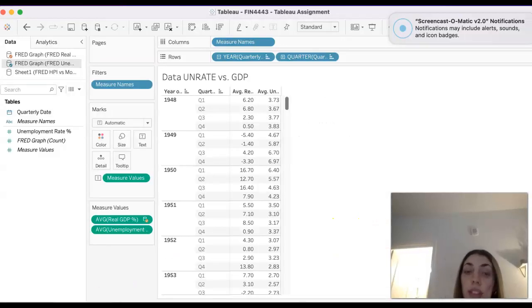Then moving on to the second tab, in this sheet we have the real GDP, and then we have the unemployment rate, which are the averages. It's not the sum, it's the averages. We have to change that, and they both follow a similar trend in that they fluctuate.